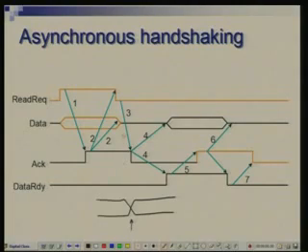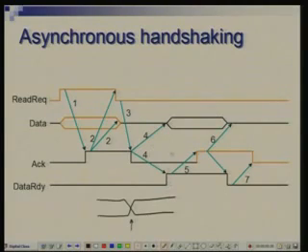Now after memory has seen the address, it does its homework and gets back with data at some point of time, and when it is ready with the data, it will put the data on the bus and activate the signal which says that now data is ready. Otherwise the device which was expecting data has no other means to know when the data is available from the memory.